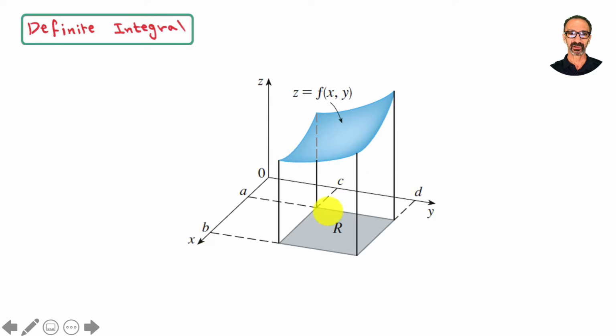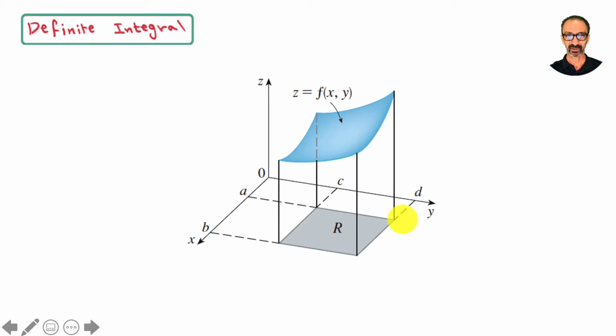In 3D, my domain here is from A to B and from C to D, which is right there. In 2 dimensions, the domain would be going from A to B as an interval. Now here, to build up to the surface, not the curve, we need to cover that volume. To find the exact volume under this surface, on top of this region R or domain, we need to partition it.